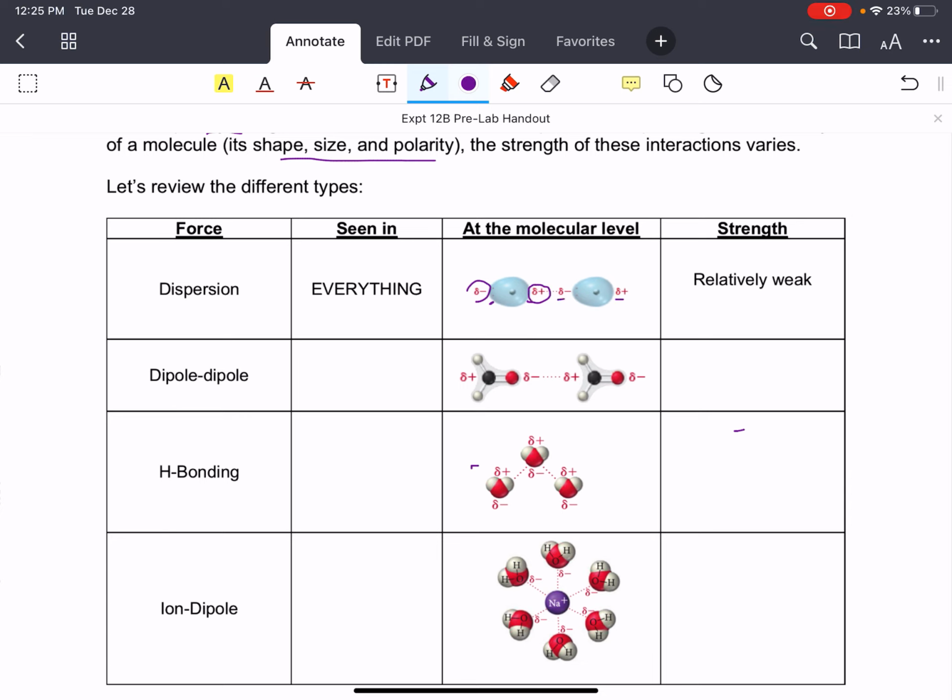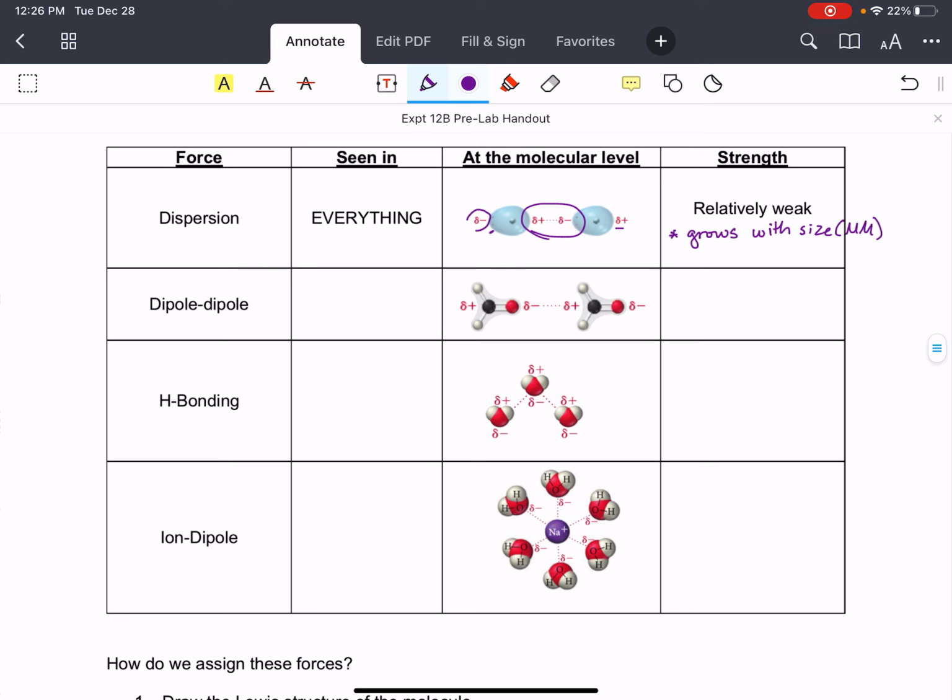When a bunch of molecules have this happen, they have an attraction between the partial positives and the partial negatives that momentarily crop up. This is a relatively weak interaction, but it grows with size, meaning the molar mass. As you get much bigger molecules, the strength of those intermolecular forces gets significantly more noticeable and stronger.